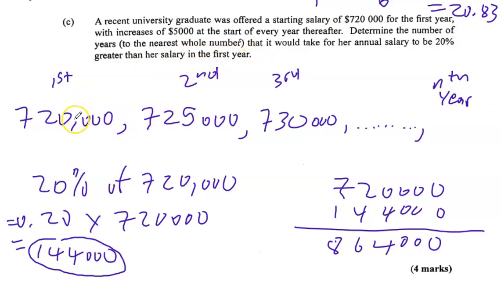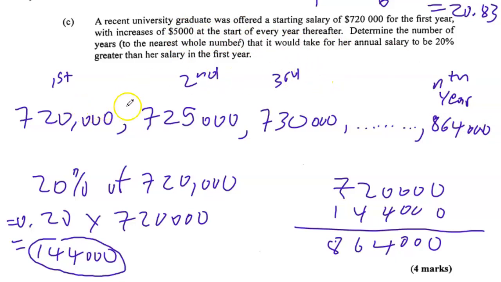So 20% of 720 is 144, and adding it to 720 we get 864,000. So we want to know how many years it took for her salary to increase from 720,000 to 864,000, given that it's increasing by $5,000 each year.